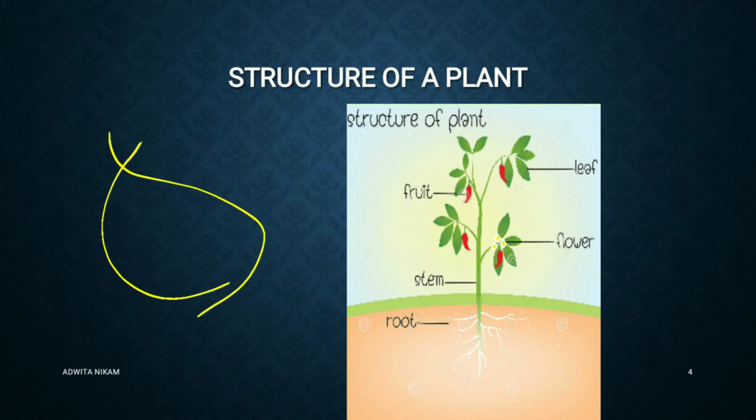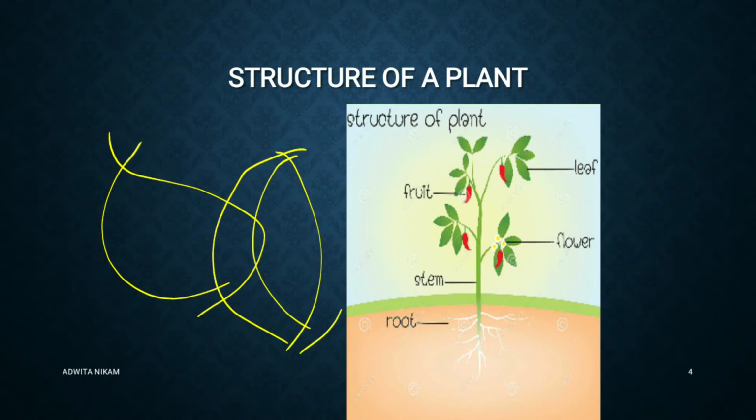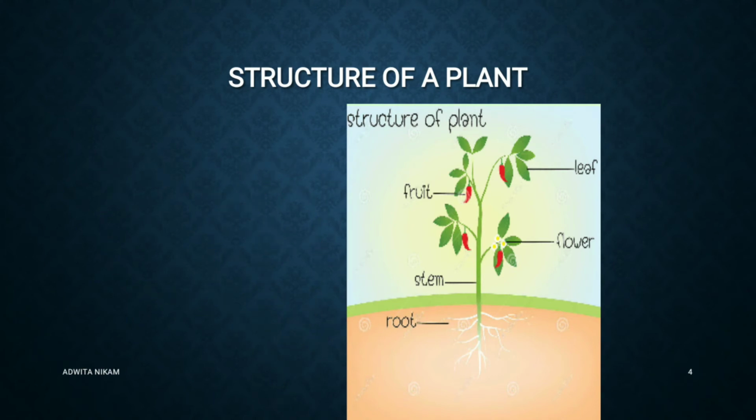We draw leaves like this. We never draw a leaf like this or to show that it's 3D. It's wrong. We draw like this one. So it's actually flat and plays an important role in production of food. Leaves are mainly of two types: simple and compound leaves. But we are not going to learn the two types of leaves in this video.